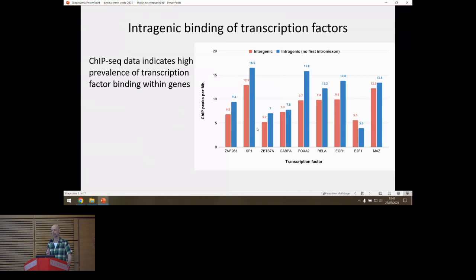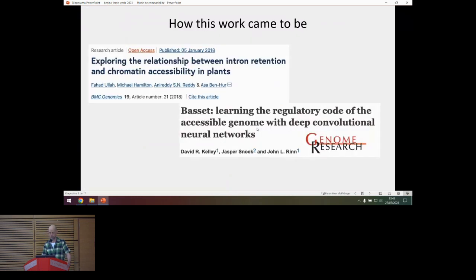In fact, the rate of peaks inside genes, for most of these, is higher than intergenically. Here we just removed the first exon and intron and the promoters for this analysis. So that is some motivation for thinking about this.